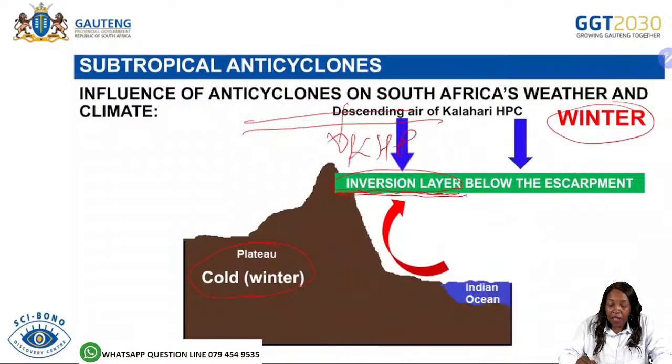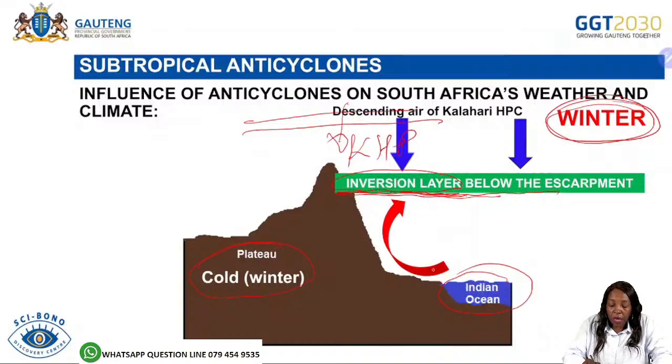And then over the Indian Ocean, what would happen is that the warm, moist air that is supposed to be reaching the interior of the country will not be able to pass through. Why? Because the inversion layer would stand in and block the warm air from reaching the interior, which explains why the interior of the country in winter has no rain, as there is less of the warm moist air that is able to pass through.